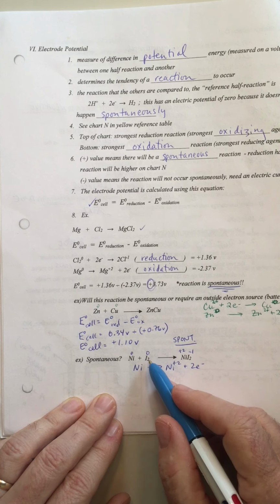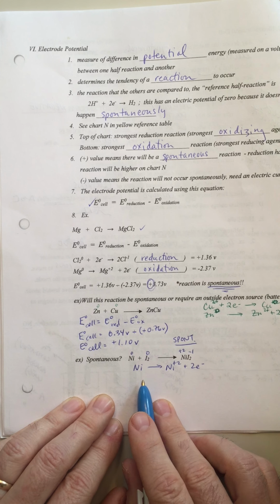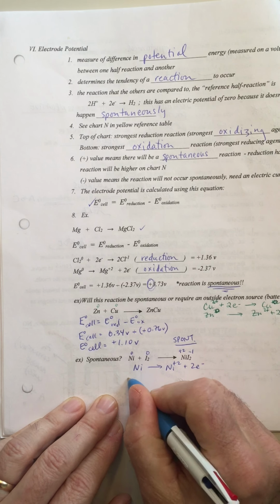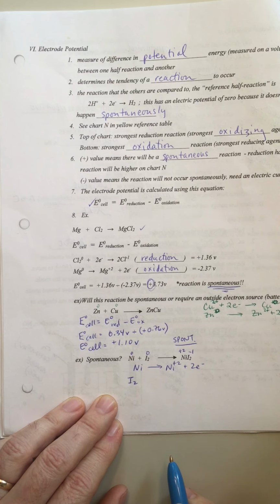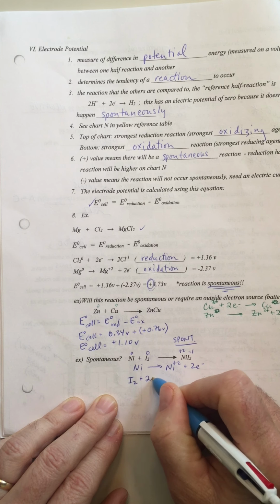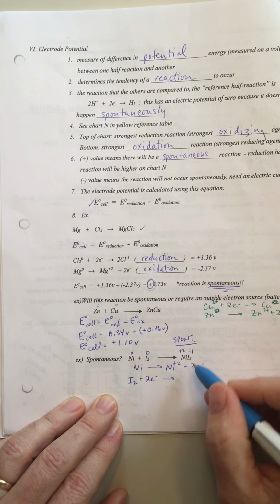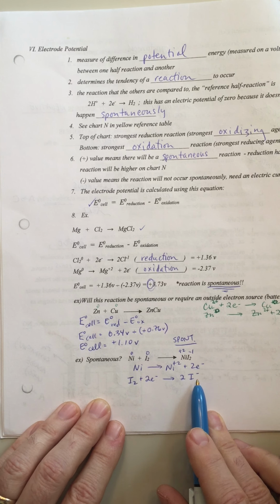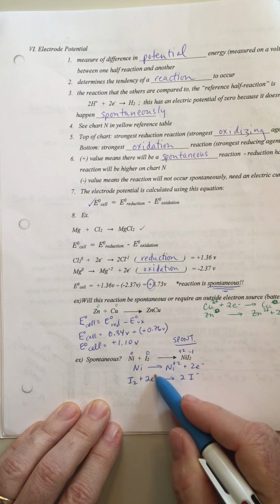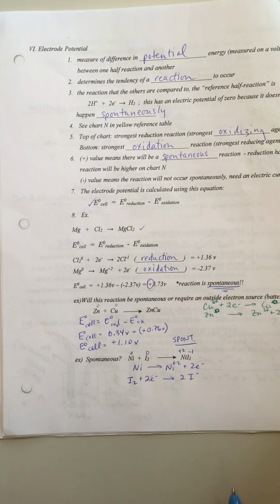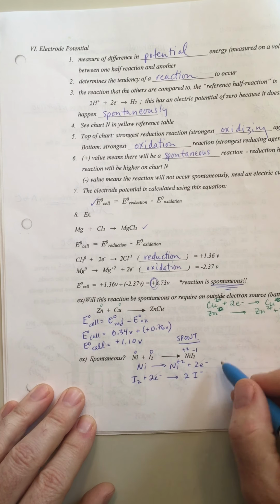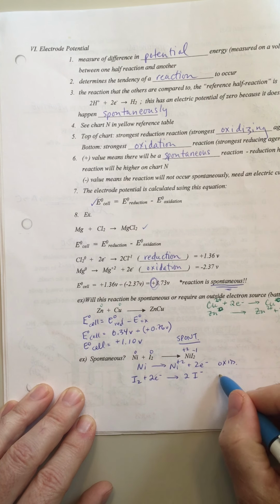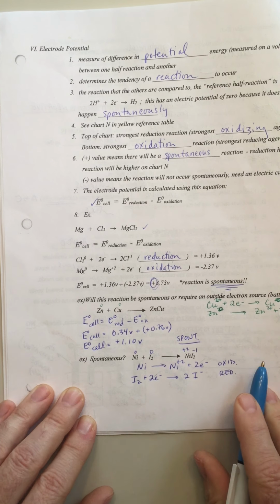And the iodine gas is going to get reduced by gaining 2 electrons and then forming 2 iodide ions. So we've got 2 electrons, 2 electrons. So we could do a balanced reaction with it as well. Since this is losing electrons, this is getting oxidized. Since this is gaining electrons, this is getting reduced.